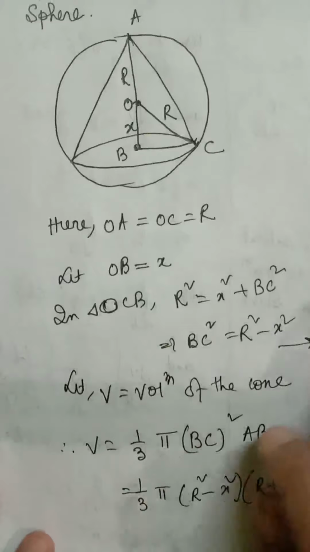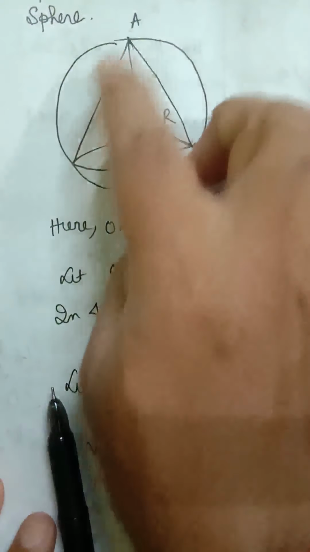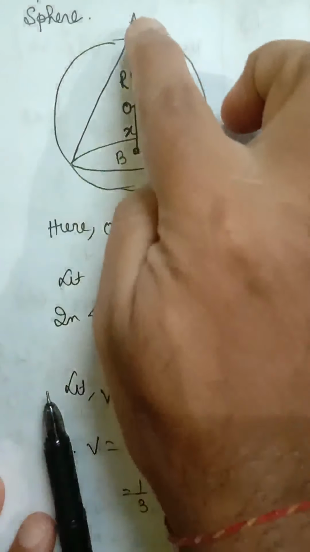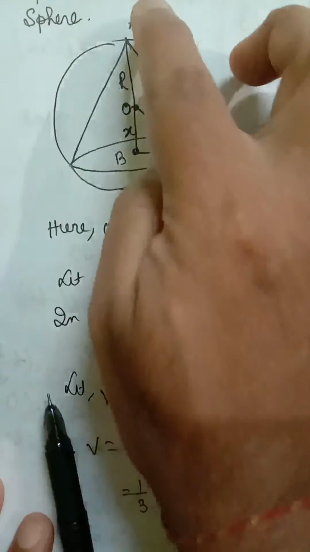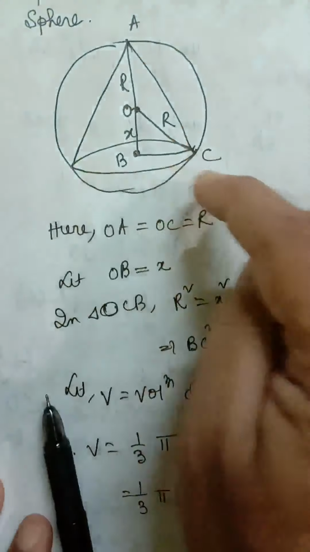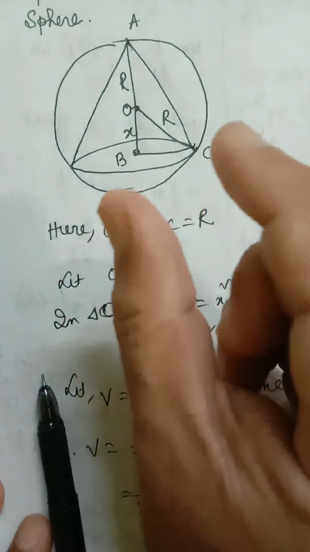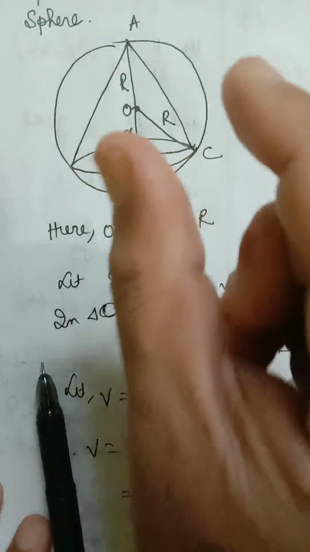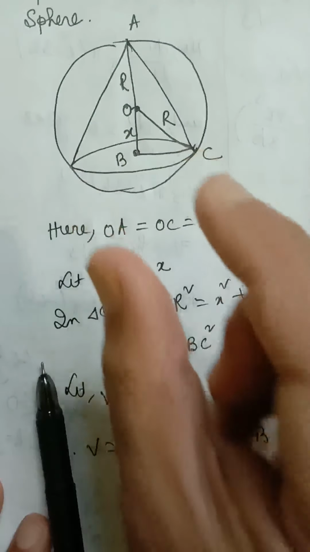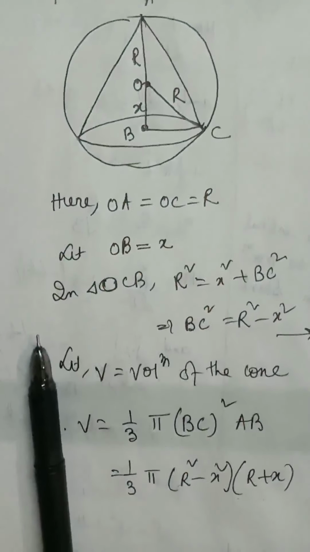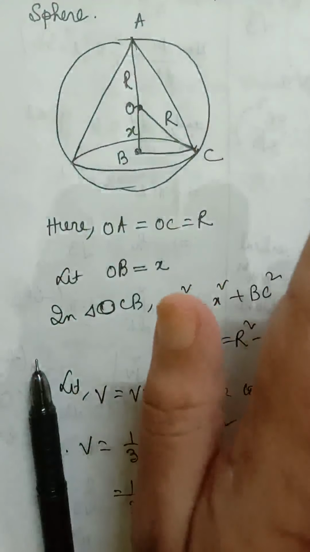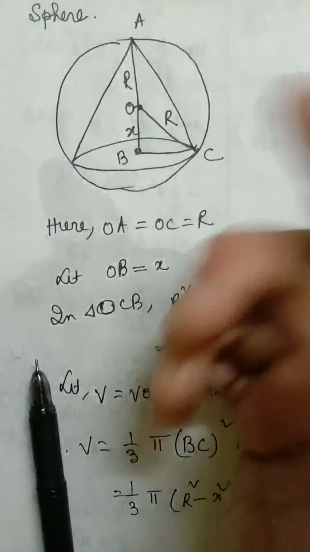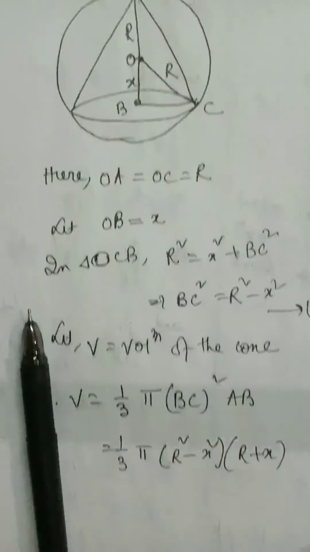I am saying again: if we draw cones inscribed in the given sphere, cones of different shapes inside the sphere, then the cone whose volume is maximum will be 8 by 27 part of the volume of the sphere.